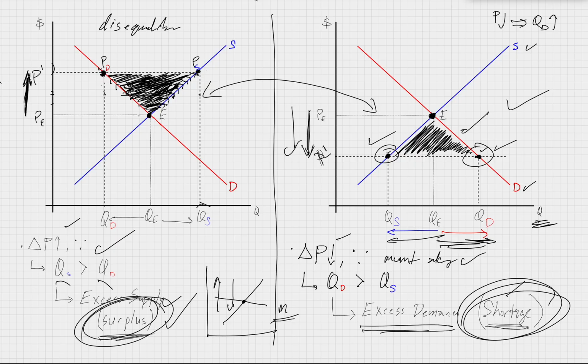A demand curve that slopes like this versus a demand curve that slopes like this, that shortage here and that surplus can look very different depending upon the elasticity of demand, which we will get into in the next video or so.